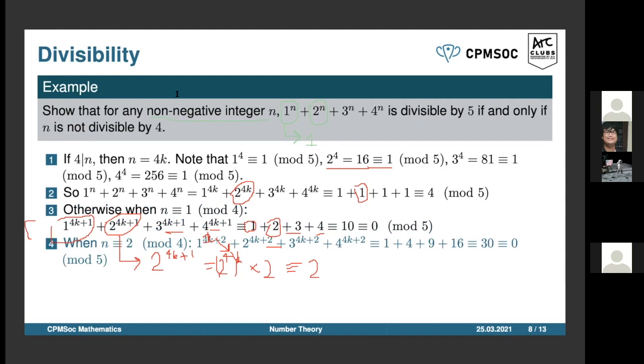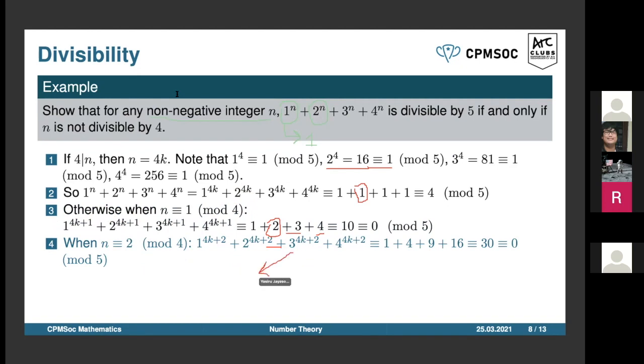The third case is n congruent to 2 modulo 4. Again, we can do a similar process. Using this example, we can write it as 3 to the 4 and to the power of k, and now we're multiplying it by 3 squared. Again, 3 to the 4k is the same as 1, so this is going to be the same as 1 times 9, and that's just 9 modulo 5.